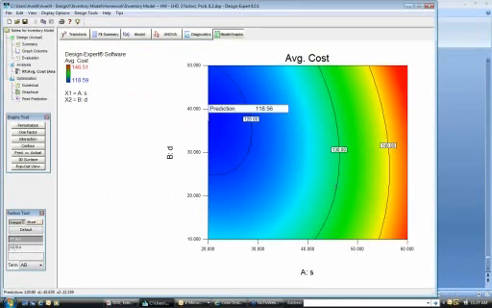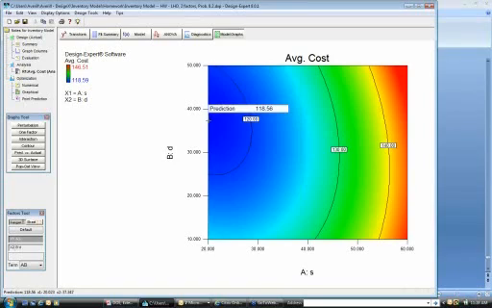For any value of little s and little d that falls in that contour, you can expect an average cost of about $130. For any value of little s and d that corresponds to this contour, we would get an average cost of $120. If you came over here and you predict what the average cost will be, it'll be about $118.56.